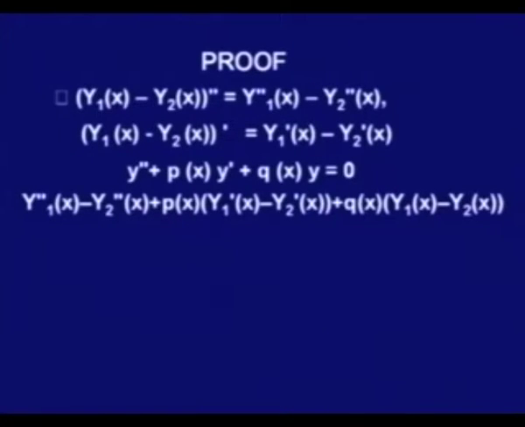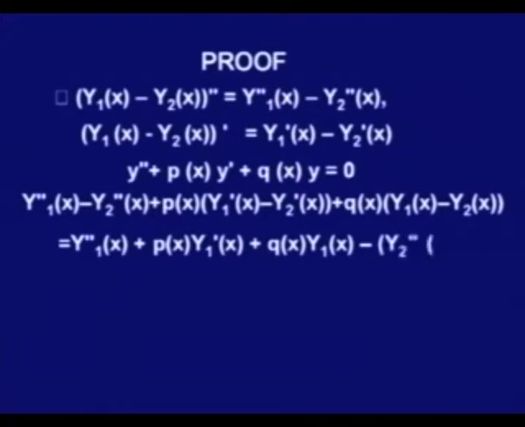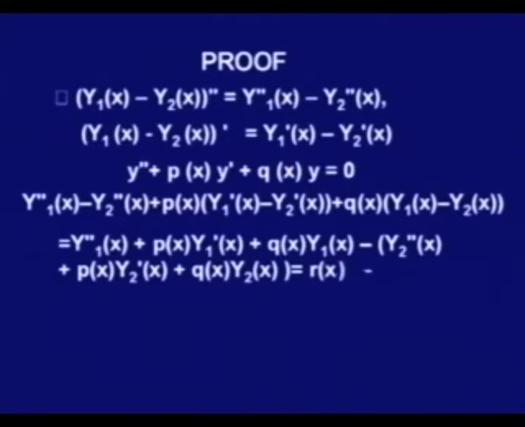Now, rearrange the terms. First I write the terms corresponding to Y1, that is Y1 double dash plus p x times Y1 dash plus q x Y1, then minus Y2 double dash plus p x times Y2 dash plus q x Y2.